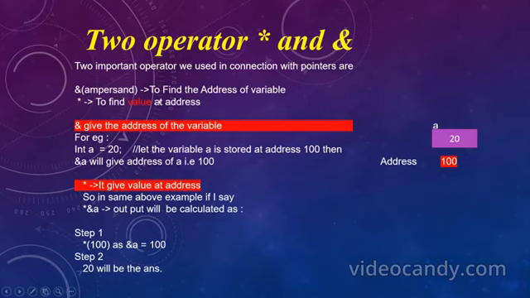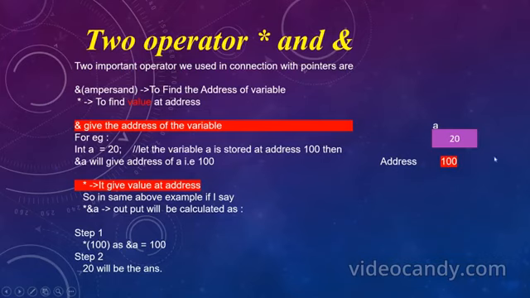at the address. So let's see, if I declare a variable, say int a is equal to 20, how will it be declared in memory? In memory, a variable a will be declared which will have a value 20 and address 100.